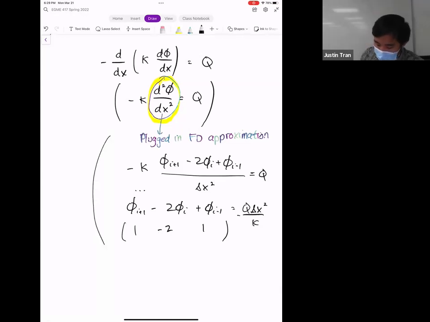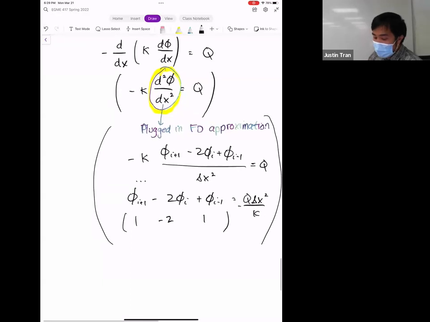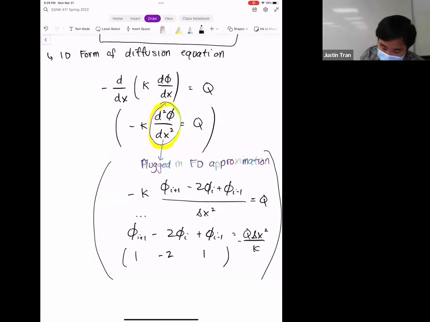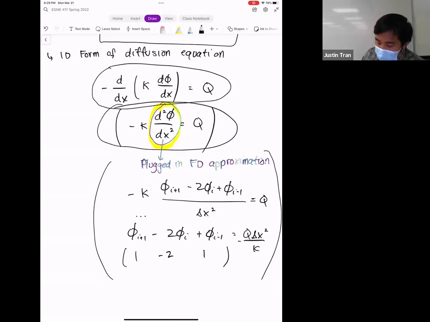I want you to remember that, because we should hopefully get something very similar in finite volumes, because the underlying equation has not changed. This equation right here is exactly the same as this equation right here. In theory, because we're solving the same physical problem, finite volumes should yield a very similar equation.